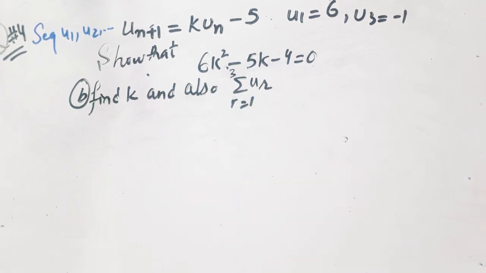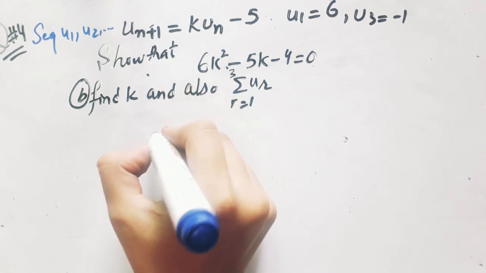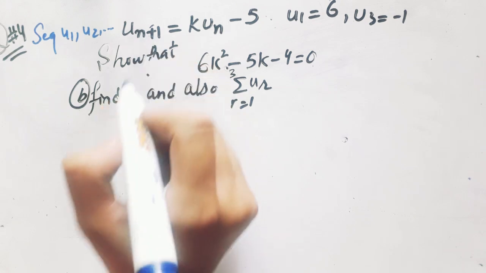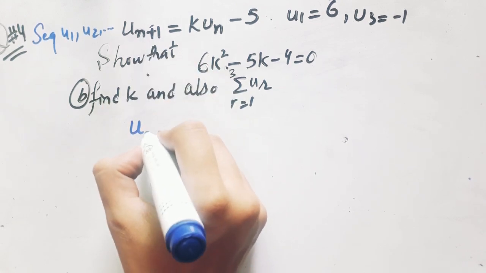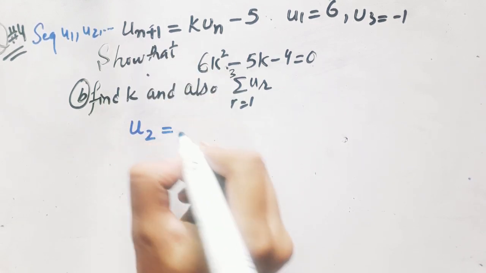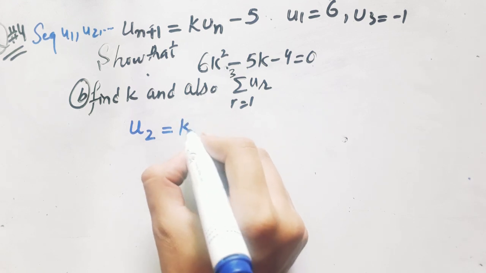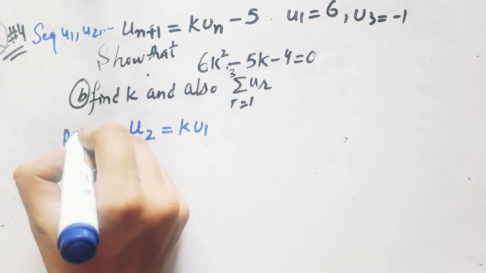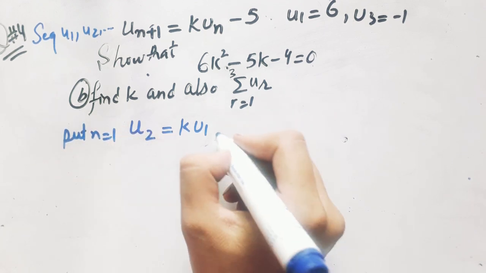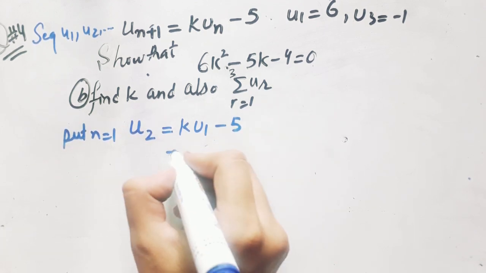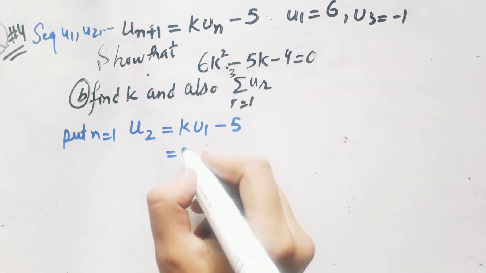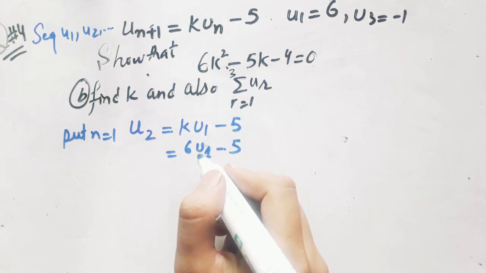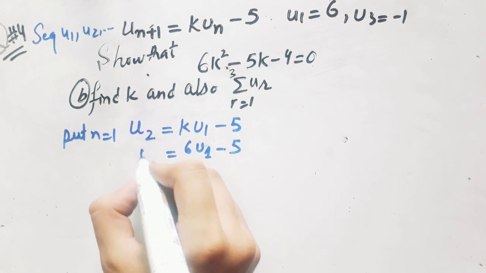So for this purpose we will write u of 1 plus 1, u of 2 is equal to k u of 1, first we put n is equal to 1, so minus 5, and now the value of u1 is given 6, so 6k minus 5. This is the value for u2.